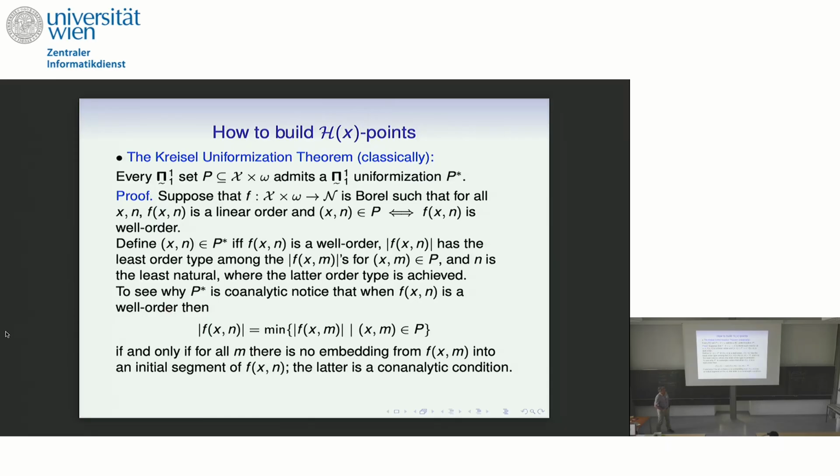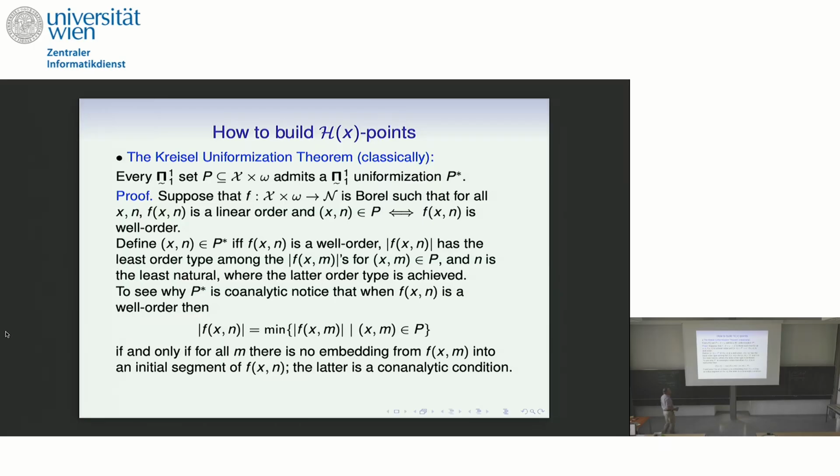Suppose this were not true. Then since f of xn is a well order, f of xm would be a well order, so we would be in P, and since we would be in P, we would find something below, which is a contradiction. And the other way around, if this is not the minimum, then I can certainly find some xm in P strictly below, and I can find a well order embedding there.